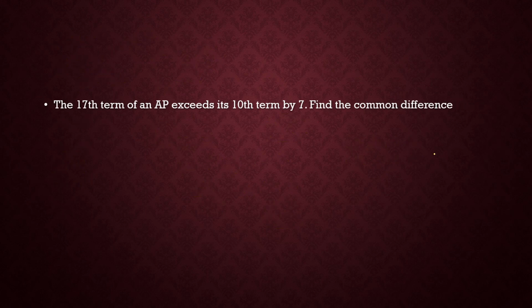Yes, it's right. In this question, they have said that the 17th term of an AP exceeds its 10th term by 7. So what does this mean? This means that your A17 is exceeding, means it's A10 plus 7. So this is what it means. So it's very important for us to arrive at this equation.